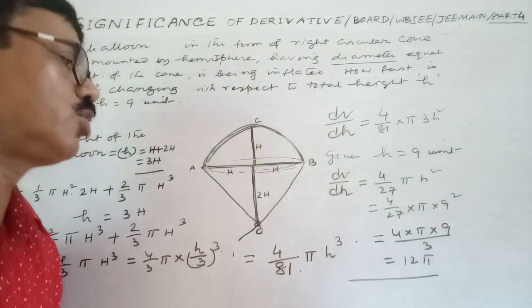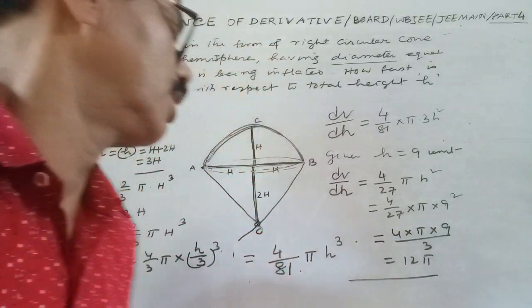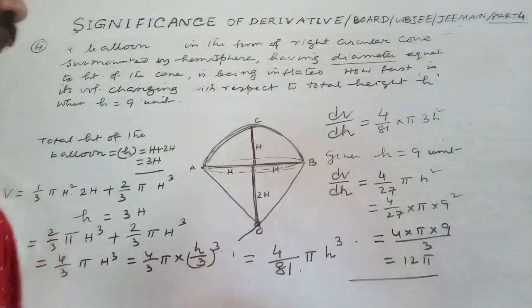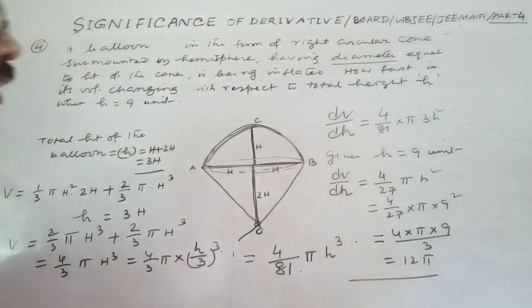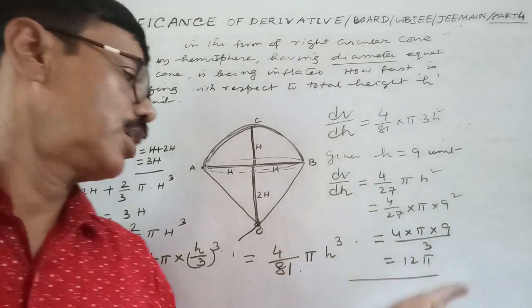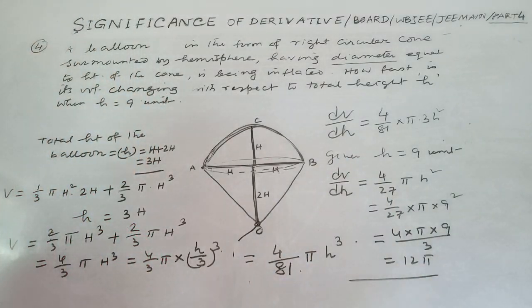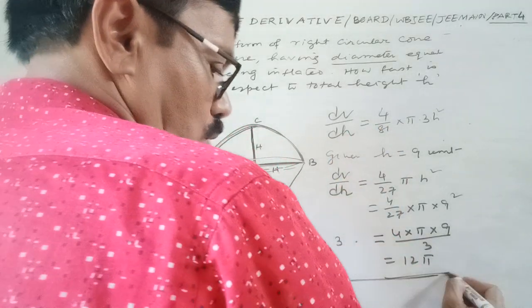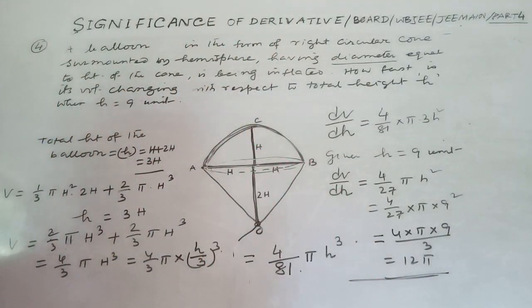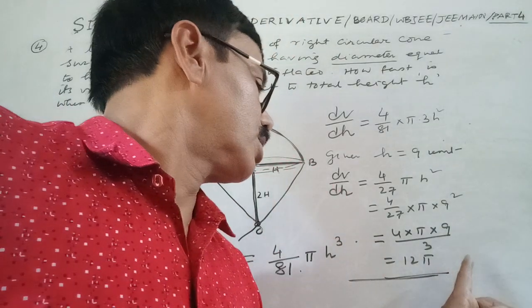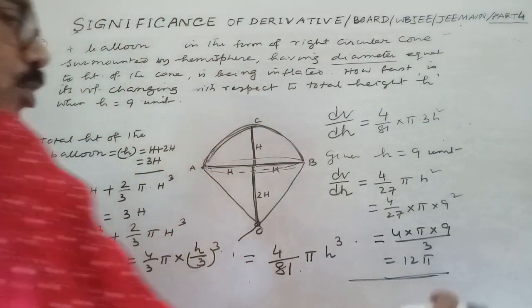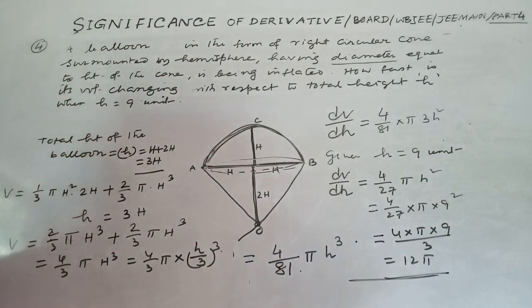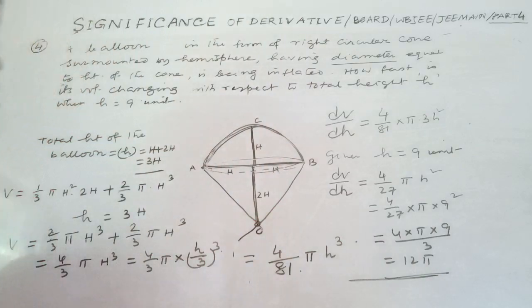So the rate of change of volume with respect to height equals 12 pi cube units per unit of height. So the unit is not given. So look at it again.